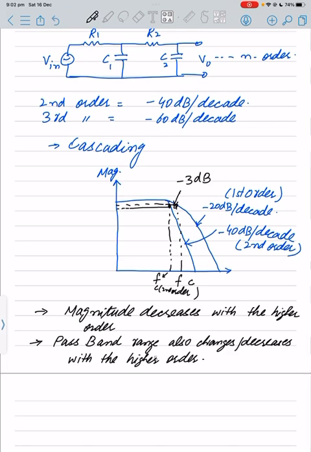So let's suppose कि अगर पहले हमारे पास इसका जो पास बैंड था, that was something like that in case of our first order pass band, but now it has reduced by some amount. So that is the pass band for the second order.